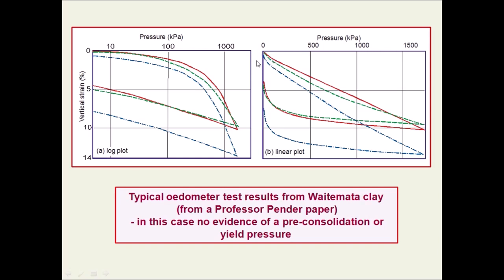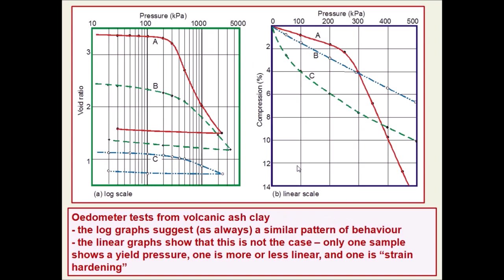There's a bit of a change in compressibility here, which I suspect is really a feature of setting the sample up, a bit of sample disturbance and bedding in the porous stones. I think I would draw a straight line or an average straight line through these and ignore the fact that it is not a soil property, just an experimental characteristic. But as it shows there, there's no evidence of a pre-consolidation or a yield pressure.